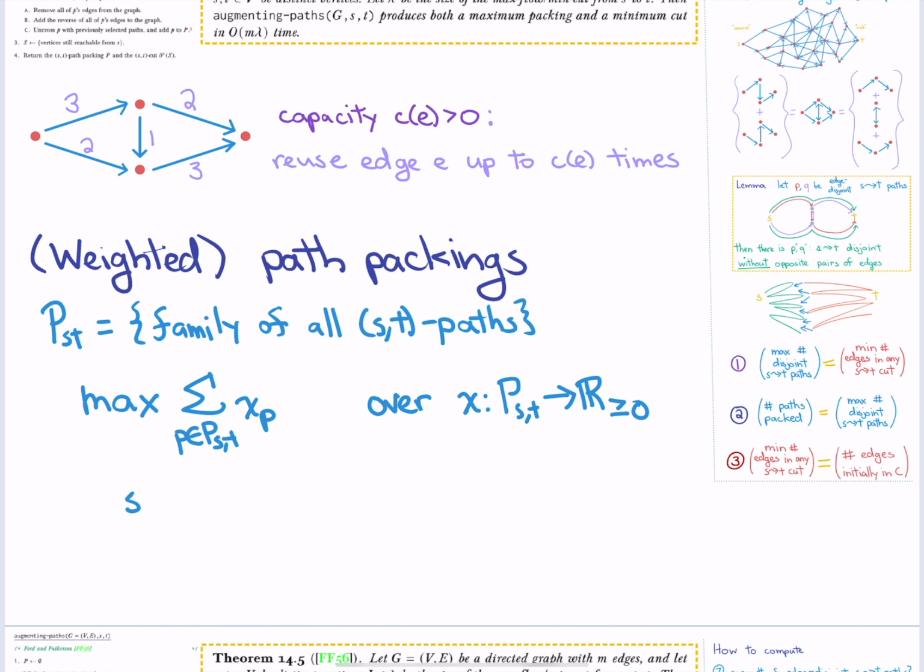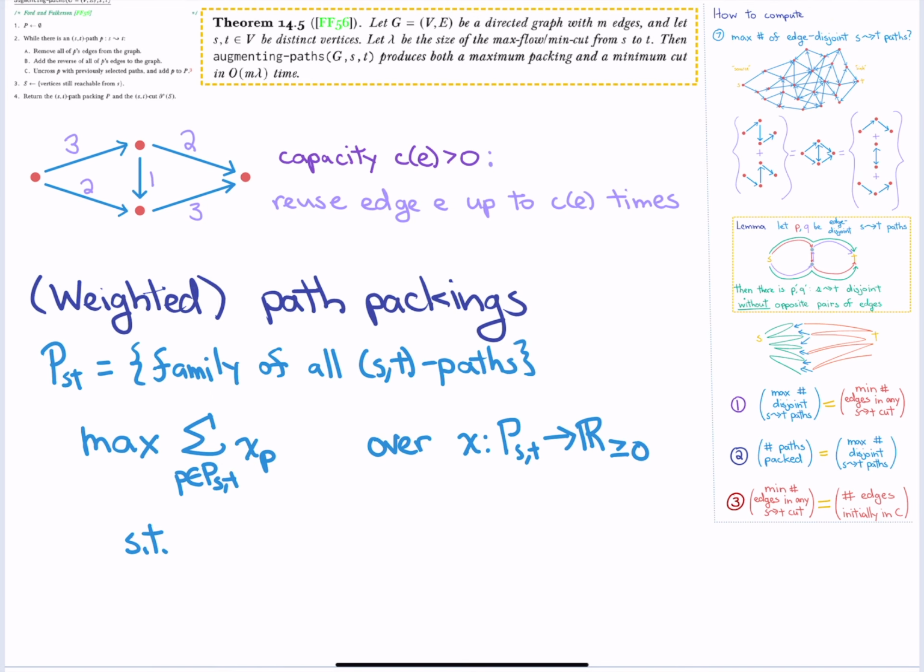So I'll write subject to, or in short, ST. For all edges E, if I sum over all the paths P where E is in P, of x_P, I want that quantity to be at most the capacity of the edge.